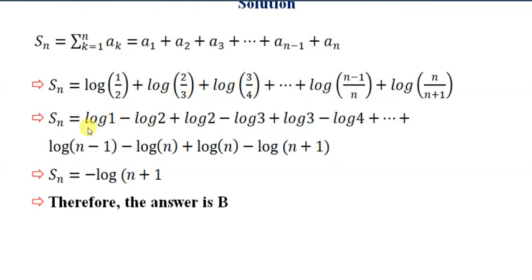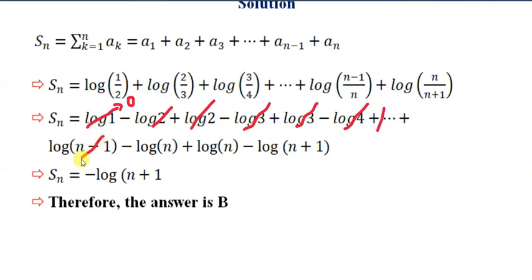This term, logarithm of 1, is equal to 0. Moreover, minus logarithm 2 and logarithm 2 cancel each other. It is 0. Minus logarithm 3 and logarithm 3 cancel each other. Here we have minus logarithm 4, and also the next one is logarithm 4, which is positive, so they cancel each other, and so on.